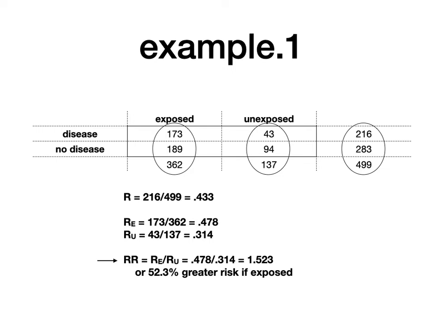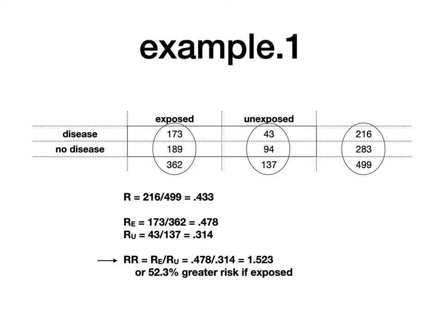The calculation of the relative risk is exactly what you would think, exactly what came from the previous slide. In this case, it's 0.478 divided by 0.314, or if you will, there's a 52.3% greater risk if you've had the exposure. So now we're beginning to get somewhere, if you will, in the epidemiology sense. This is the kind of thing that goes on, I guess I should say, constantly in epidemiologic settings.